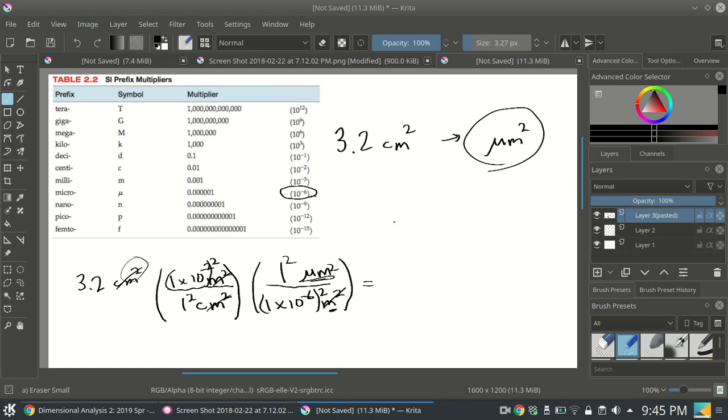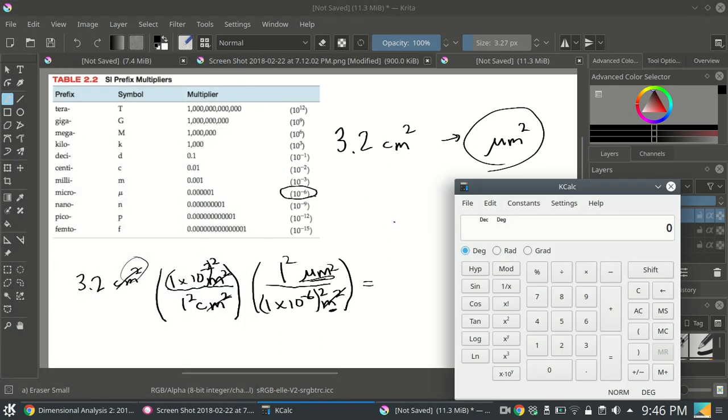So on the calculator, you go 3.2 times, now this over here is on top, so 1 times 10 to the negative 2, but then it's got to be squared, all right? Divided by 1 is meaningless.